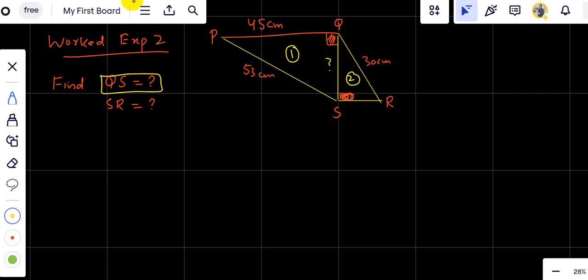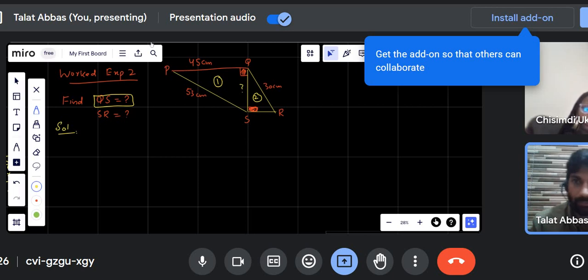Now 53 is the hypotenuse. You can consider 45 as opposite and QS as base adjacent, or QS as opposite and 45 as adjacent. It doesn't matter now, right? You got my point? Okay, perfect.